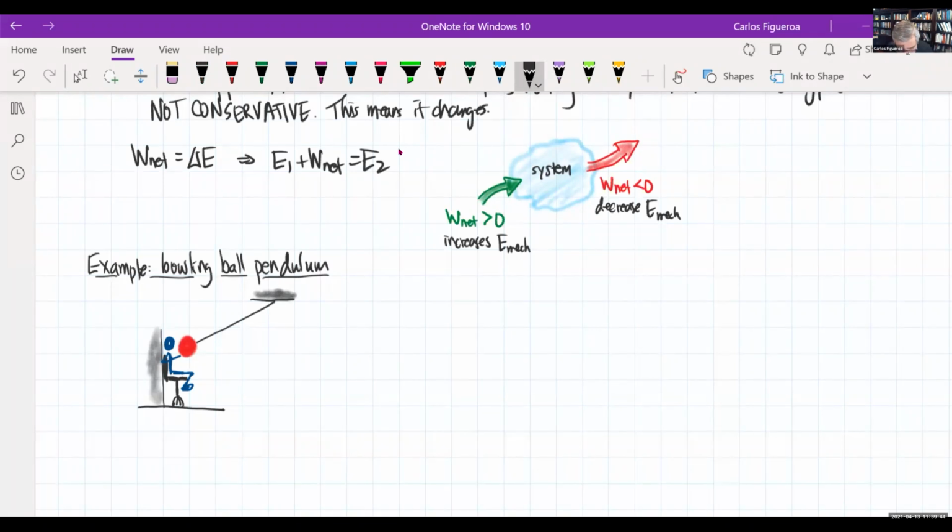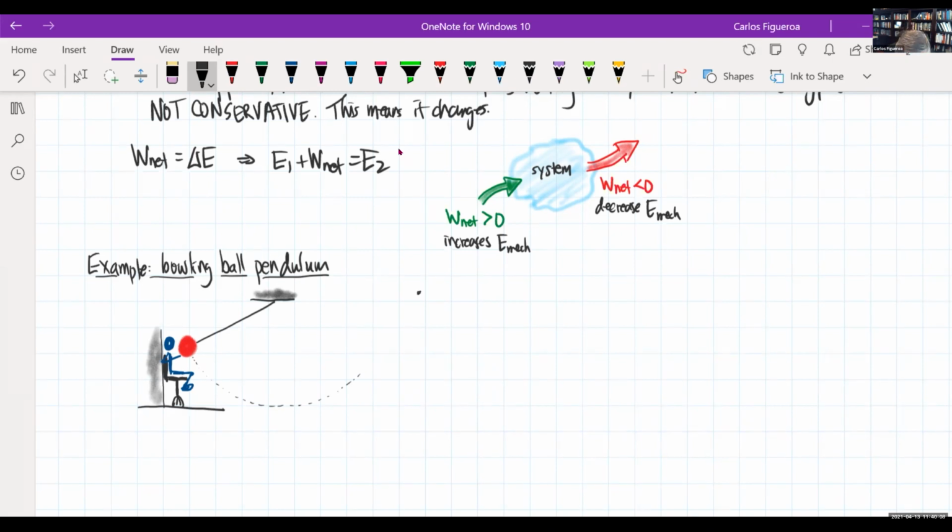So what's going to happen to the bowling ball? Well, you can see it's going to swing, however far it's going to swing. And the question is, what actually happens?